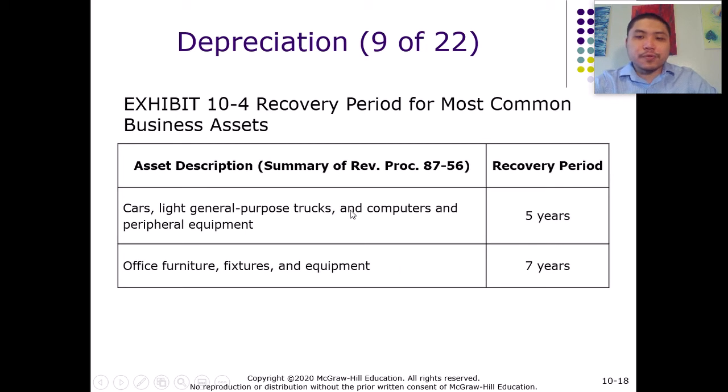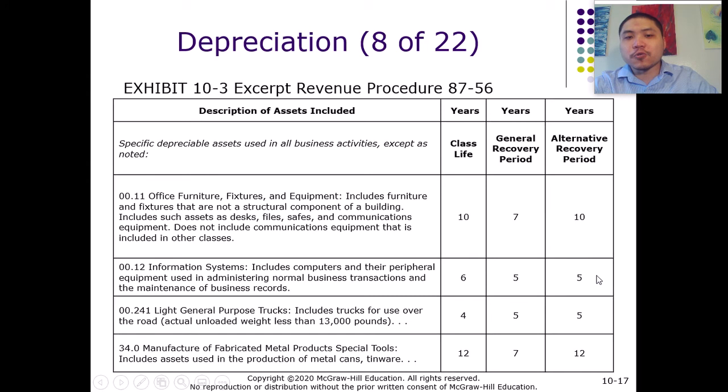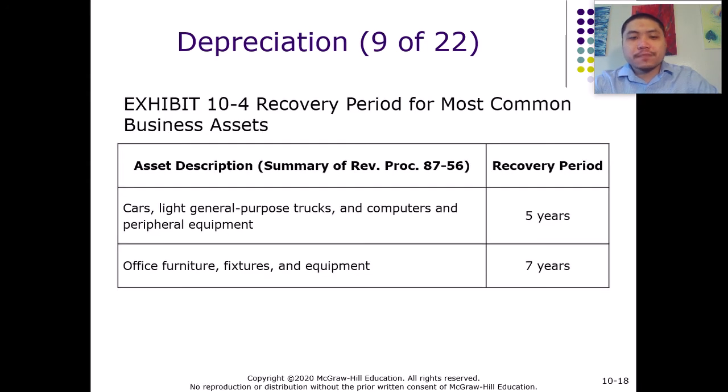First, for the 5-year recovery period, we have cars, light general purpose trucks like pickup trucks, computers, and peripheral equipment. For office furniture and equipment, the recovery period is usually 7 years. This is a simplified table, but it should make it easier for us to apply.